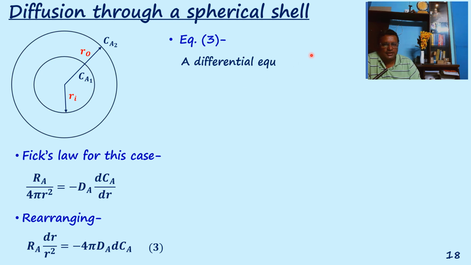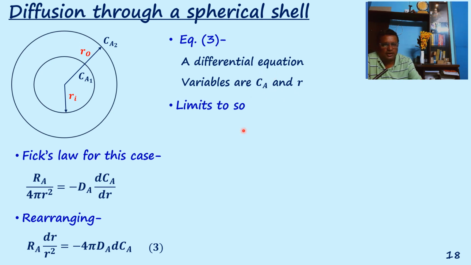Equation 3 is a differential equation. What are the variables? The variables are CA and R. That means CA is changing with R. What are the limits to solve equation number 3? Again, very simple to understand. At R is equal to Ri, CA is CA1, and at R is equal to R0, CA is CA2. I have written those.